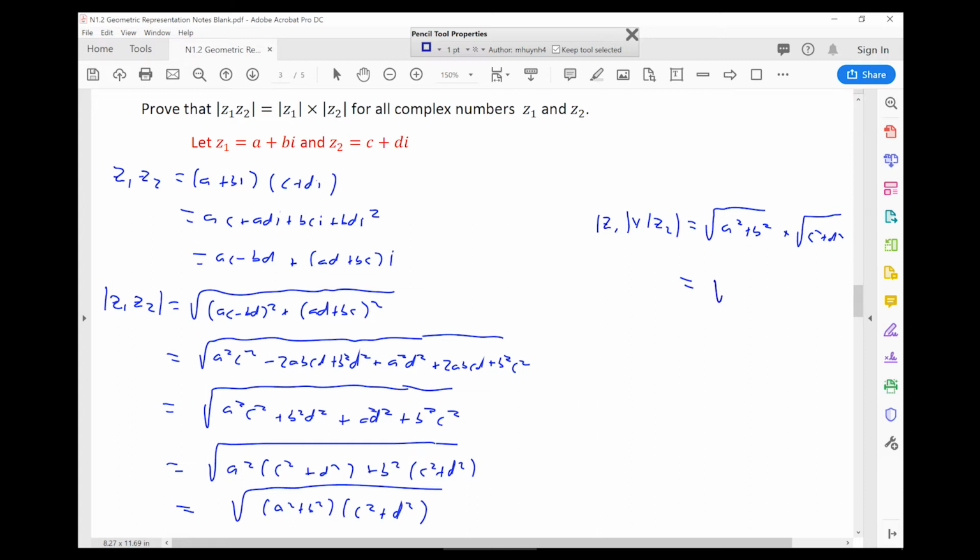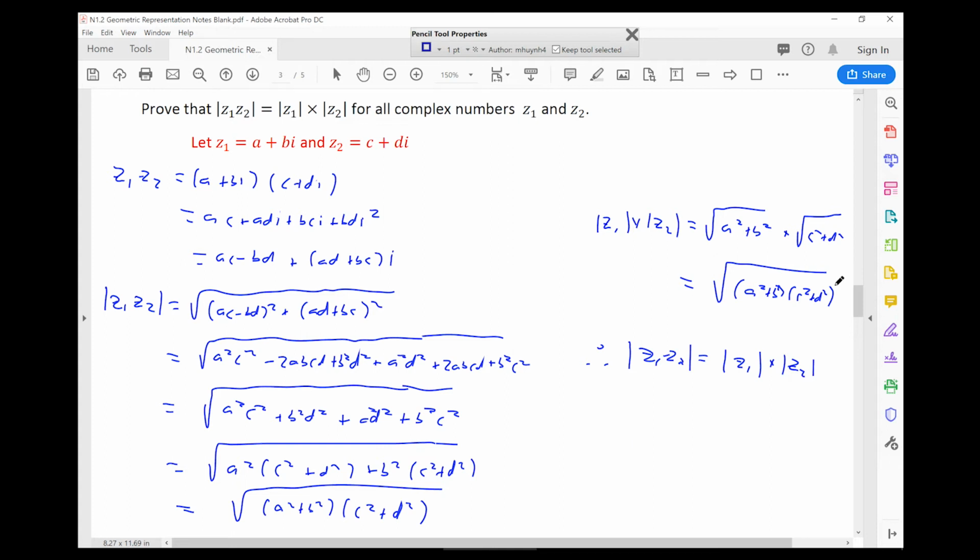Then put these two together. We can see they both end up the same. Therefore, the modulus of Z1 times Z2 equals the modulus of Z1 times the modulus of Z2.